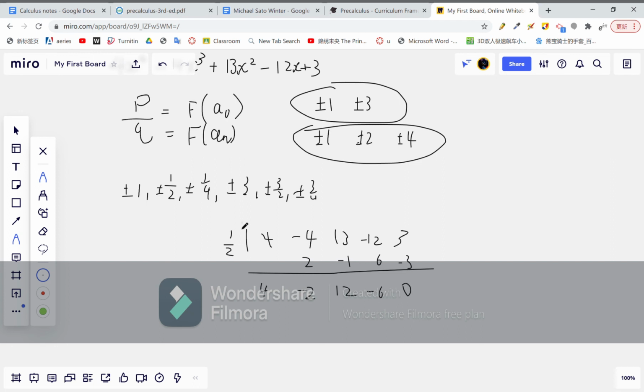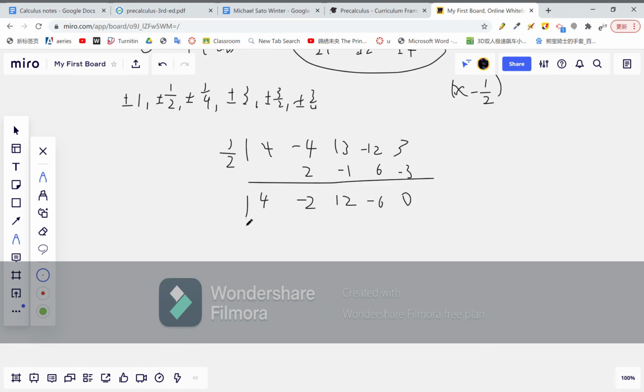Okay, so this actually works. So 1/2 actually works, and we know that one of the factors is x minus 1/2.